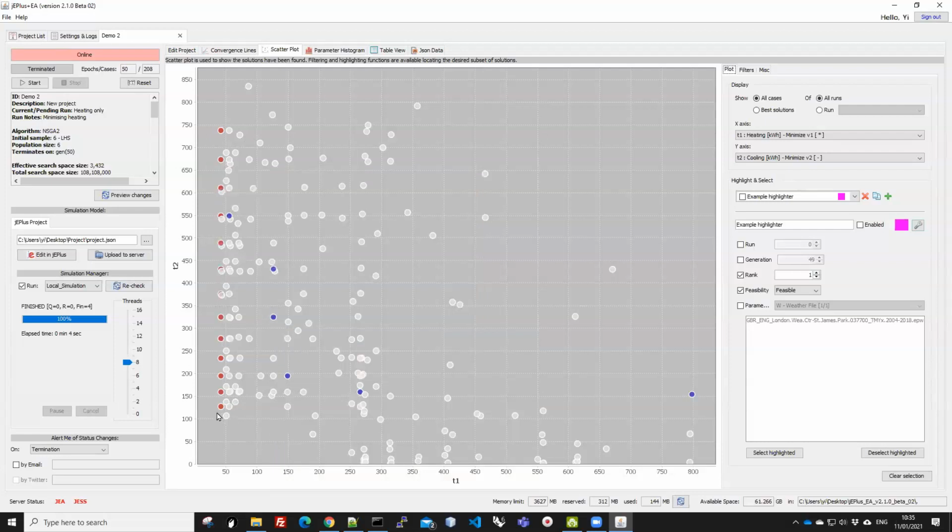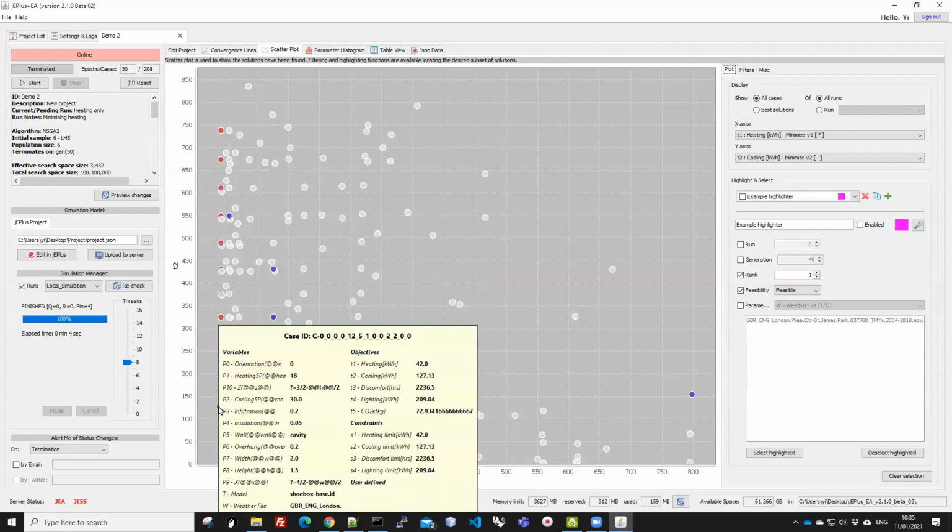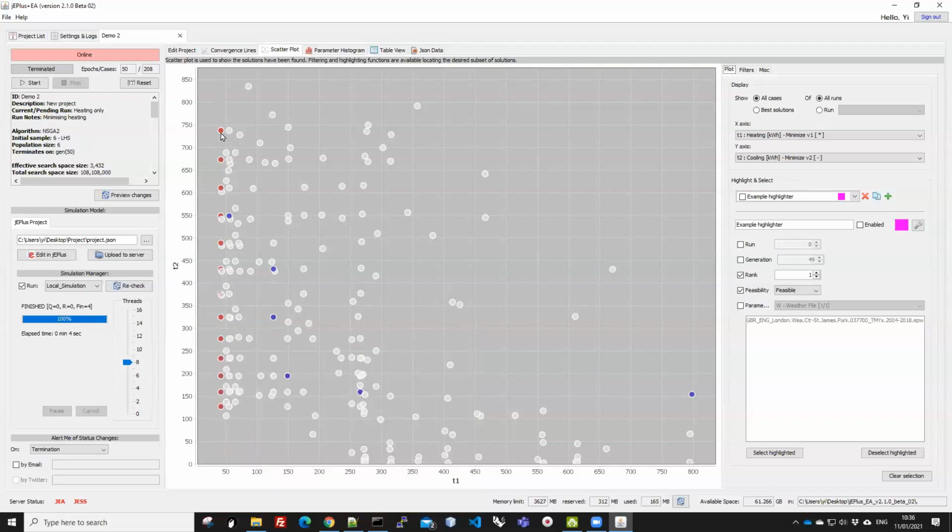If you go down to the last one, again, we see the orientation is facing south and the heating set point is at the lowest, whereas the cooling set point is the highest at 30. But all these red dots are considered equally good according to the algorithm, right?